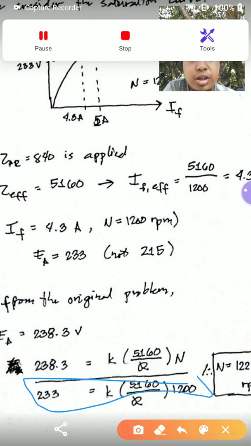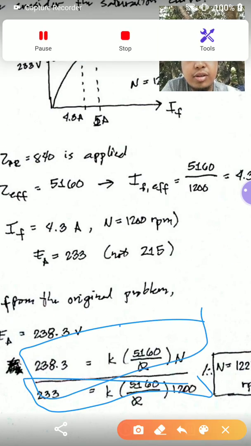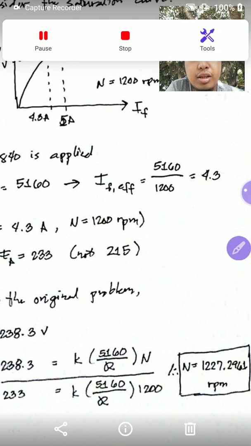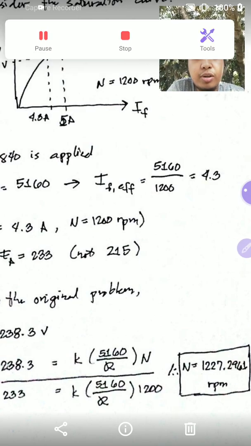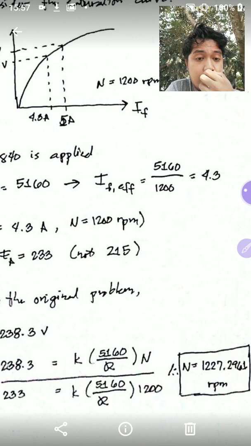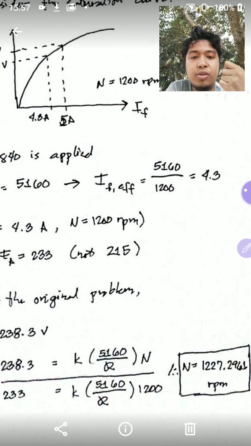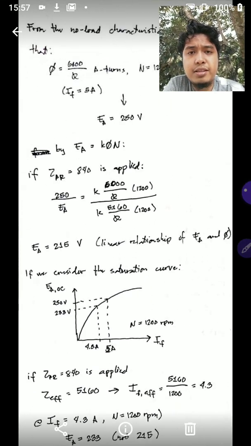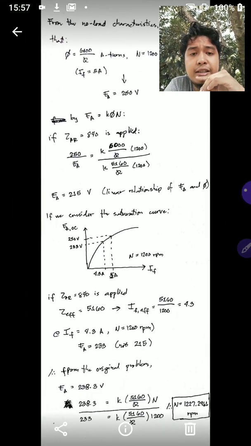You get this relationship, you can cancel that, and then you get the new speed, which is 1227. So if you want 238.3, you want to run your machine at 1227 RPM instead of just 1200, because if you run at 1200, you'll just get 233. So that's basically the nonlinearity of the DC machine.